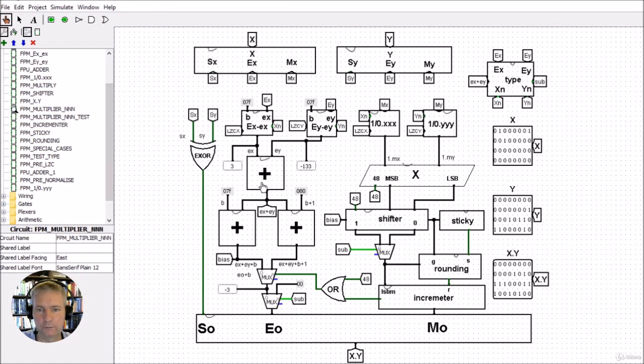And it's going to go through the usual route here for the summations. And at the bottom here you can see that there is no 48th bit. The 48th bit is low, and there's no incrementation here either, through the rounding. So it means that there's no output here, so we don't go through the +1 route, we just go to the EX plus EY plus B route.